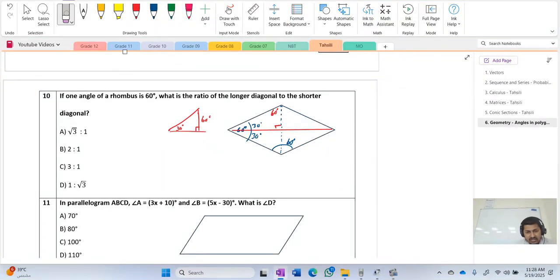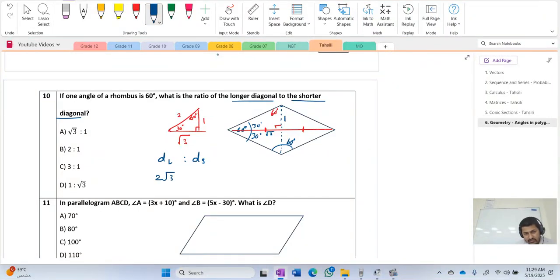The shorter half-diagonal is 1, and this is root 3. What they want is the length of the longer diagonal to the length of the shorter diagonal. The longer diagonal is 2 root 3, because root 3 plus root 3, we only worked out half of the triangle here. And the shorter diagonal is 1 plus 1, which is 2. So we can divide both sides by 2, and it becomes root 3 to 1. So the answer is A here.